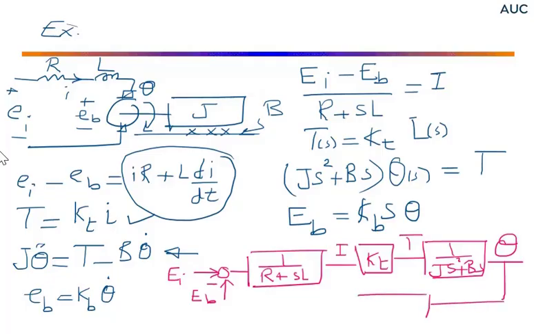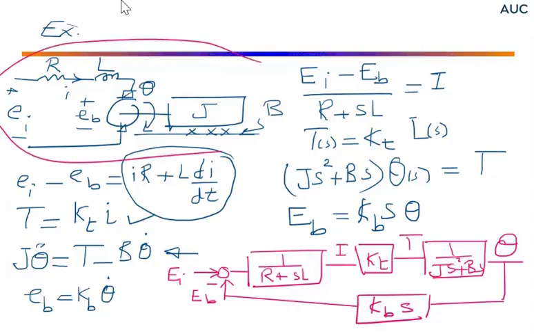If I multiply that by Kb times s, that will give the back EMF. So this is a block diagram that represents the subsystems.